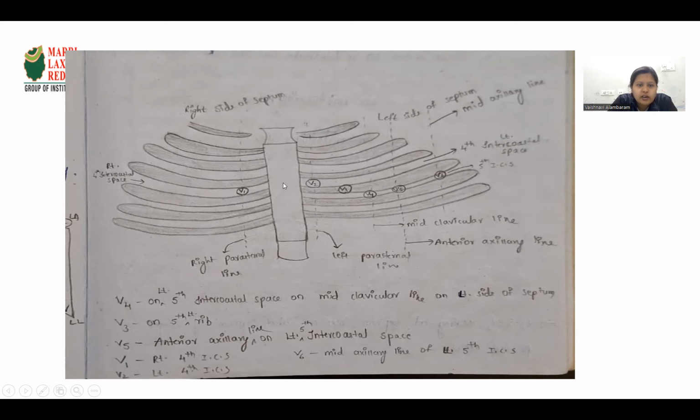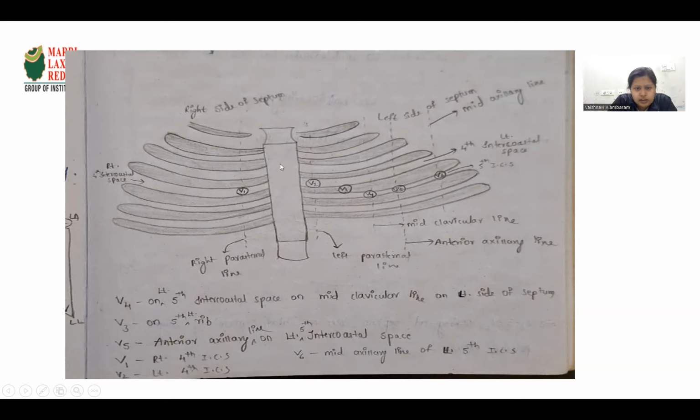V1 you are placing on the right side of the sternum, on your right parasternal line. You are placing this one in the fourth intercostal space. So this is the fourth intercostal space. 1, 2, 3, and 4. Fourth intercostal space, on the right parasternal line, you are placing the first positive electrode, that is your V1.